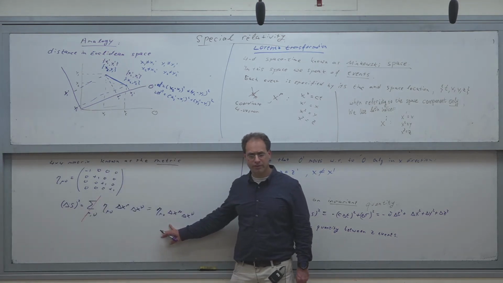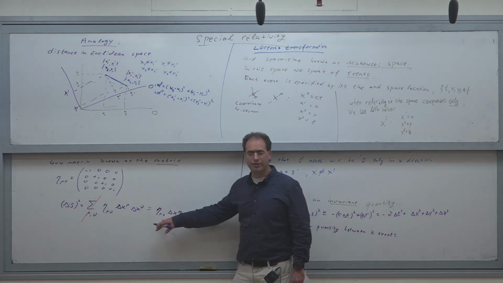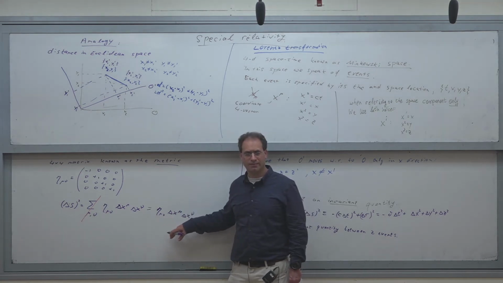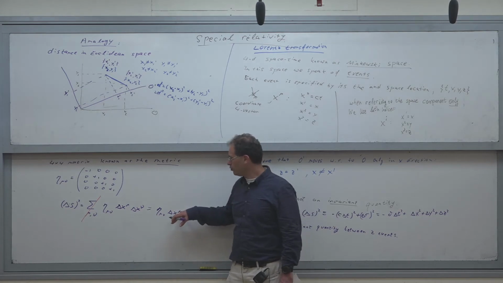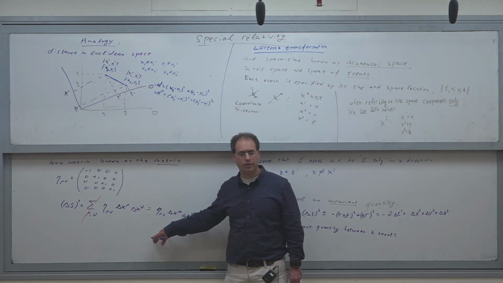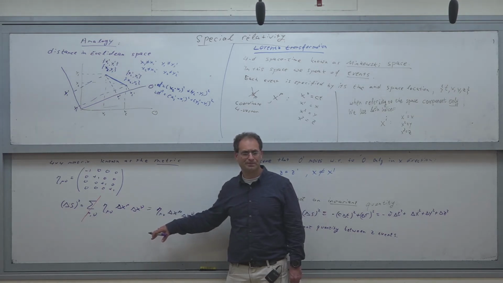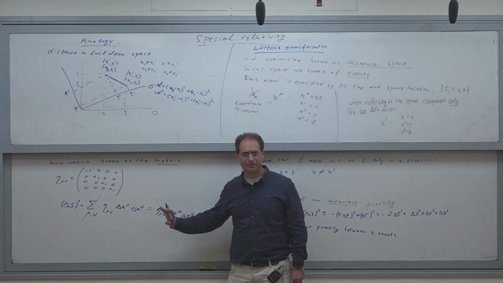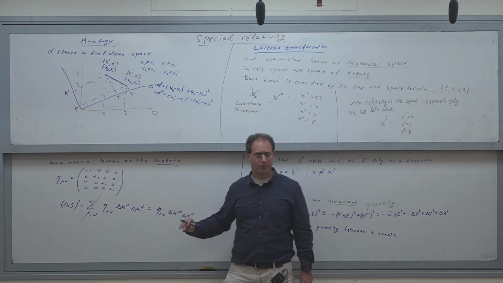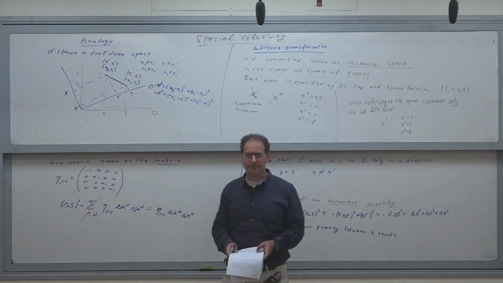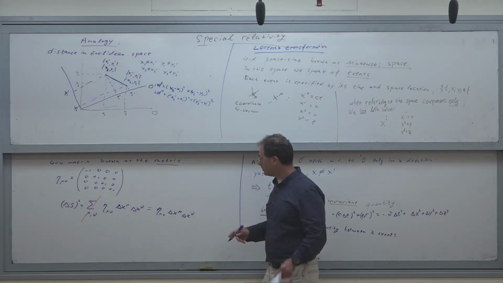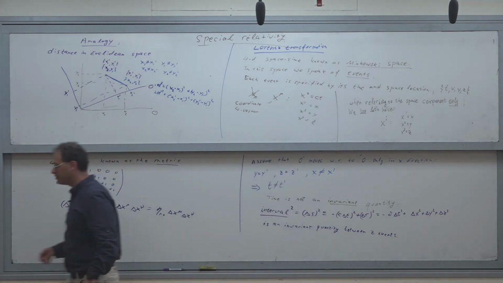If you get confused, every time you see an equation in which on the same side you see an index that appears once as an upper index and once as a lower index, it is understood that you're summing over this index. Okay? So this is known as the Einstein summation convention.